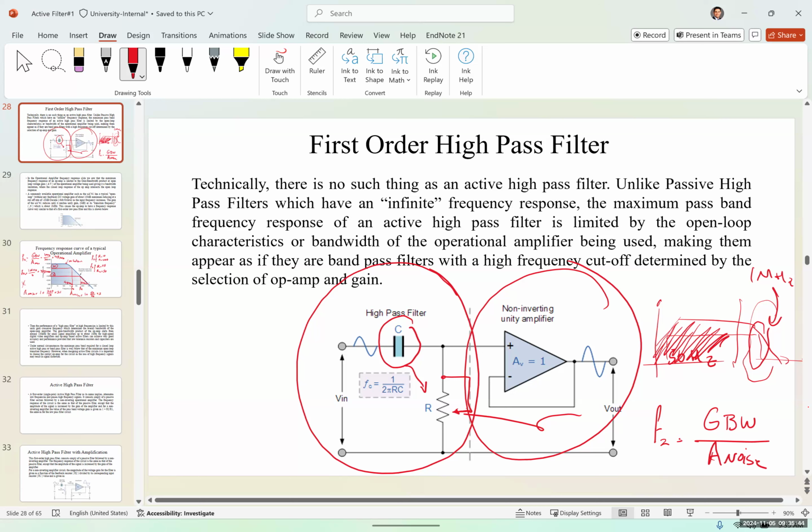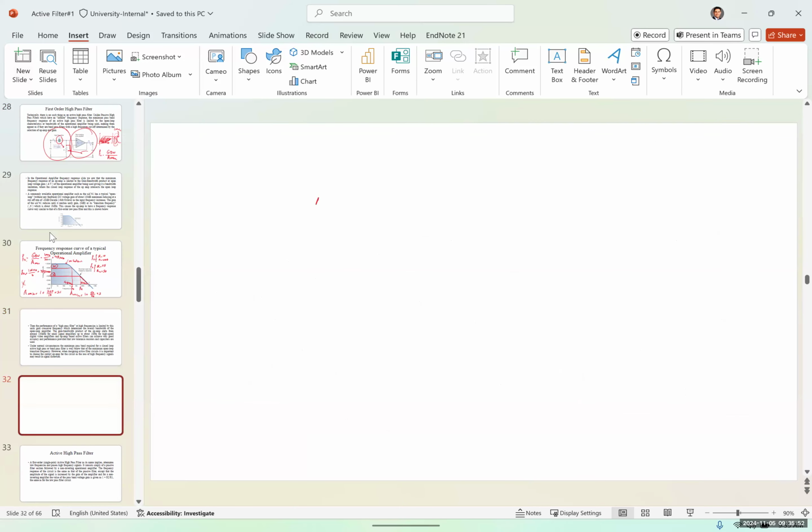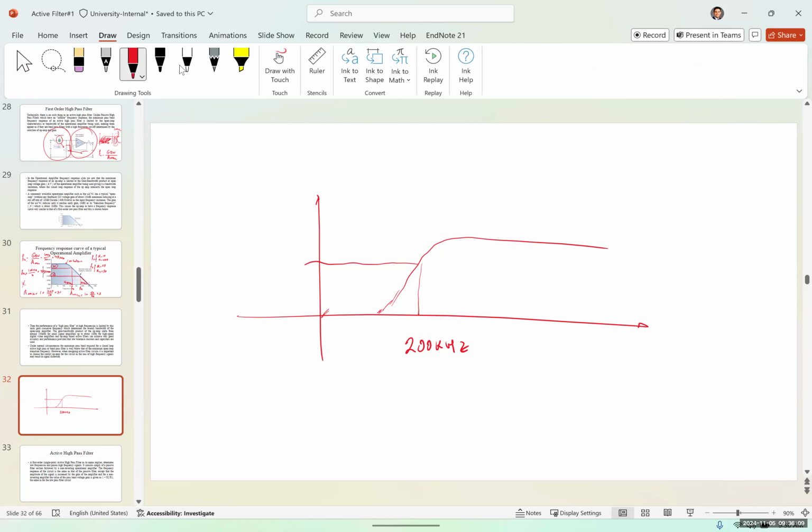Okay. If I design a system, for example, let's imagine the opposite. Imagine that I want to design a high pass filter, and the cutoff frequency of that high pass filter is around, let's say, 200 kilohertz. But the upper cutoff frequency of our op amp is, and I'm going to draw it with this, around 300 kilohertz or 250 kilohertz.